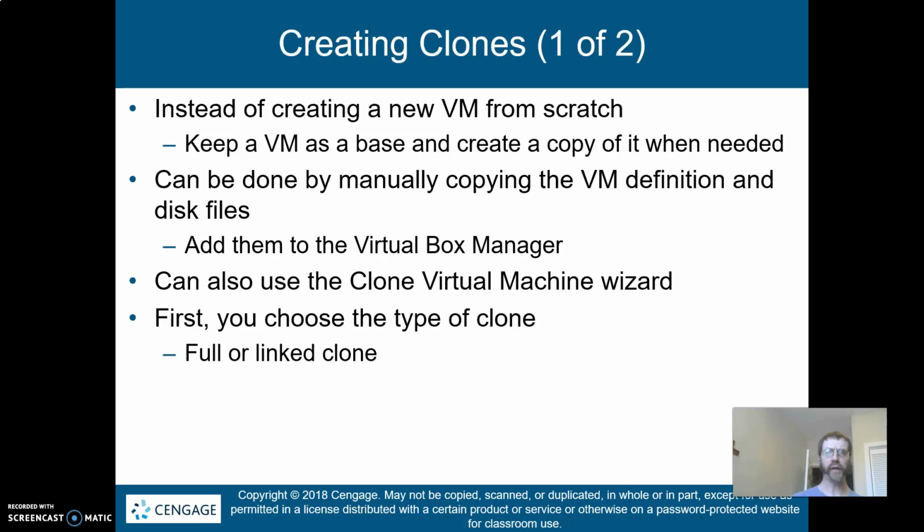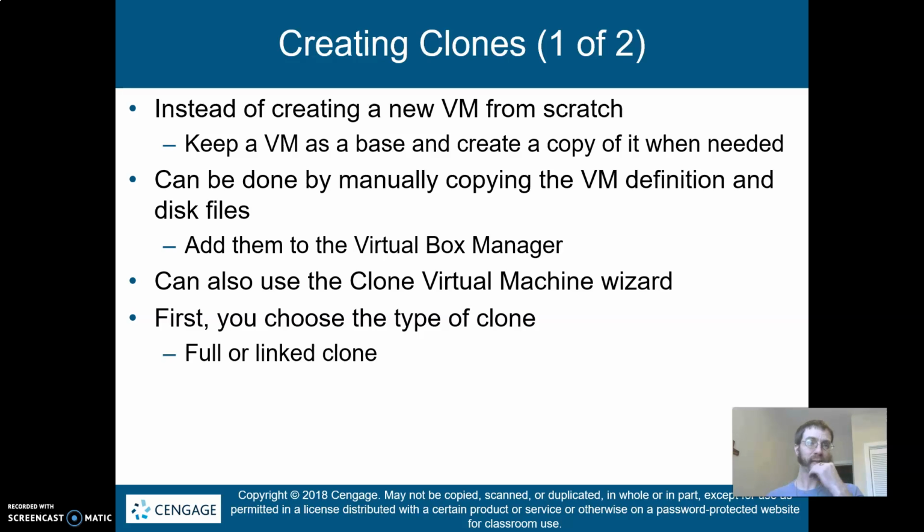Instead of creating a brand new copy of a brand new VM for every instance of a specific VM you need, particularly if you've got a VM that is already in the right state, or alternatively, if you have a VM that's in the right state and you want to experiment with two possible choices, what you can do is clone it and make each choice a direction, a development track, as it were.